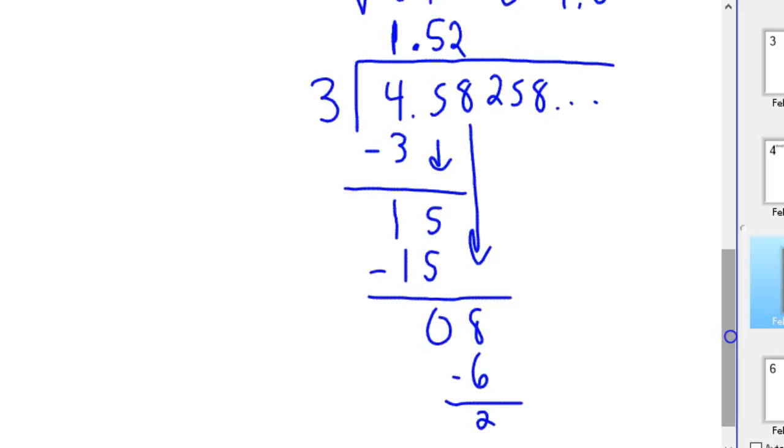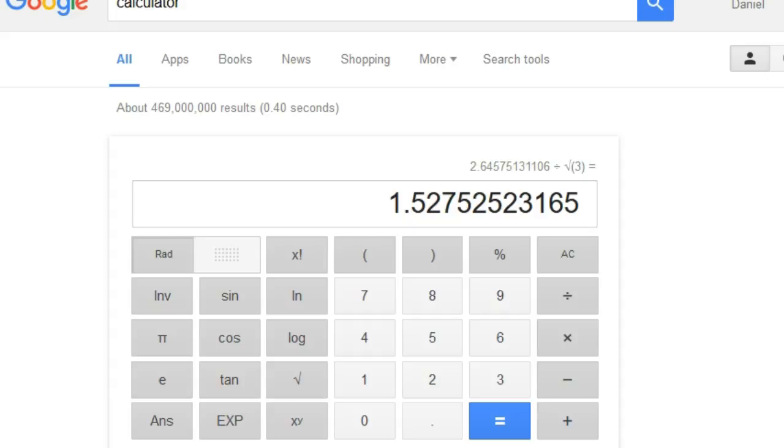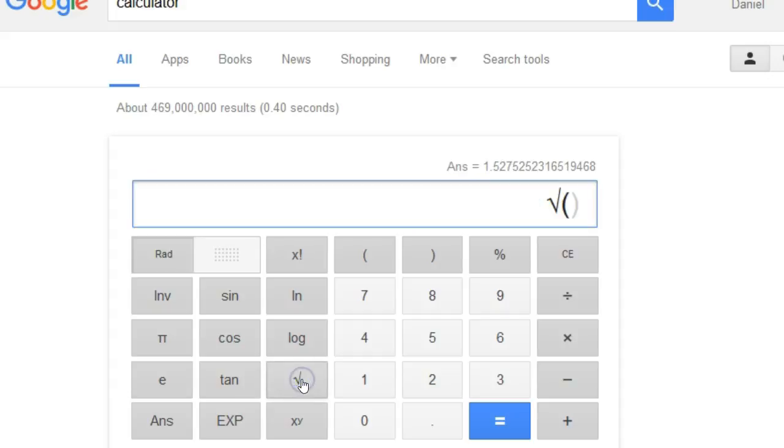Nowadays, we can just use a calculator, and you can see I have the answer already in here. This is the Google calculator on the Google search engine. You just take the square root of 21. Well, actually, sorry, that's the rationalized one.